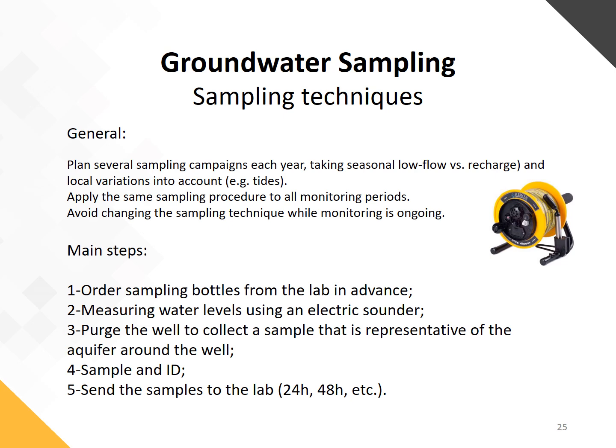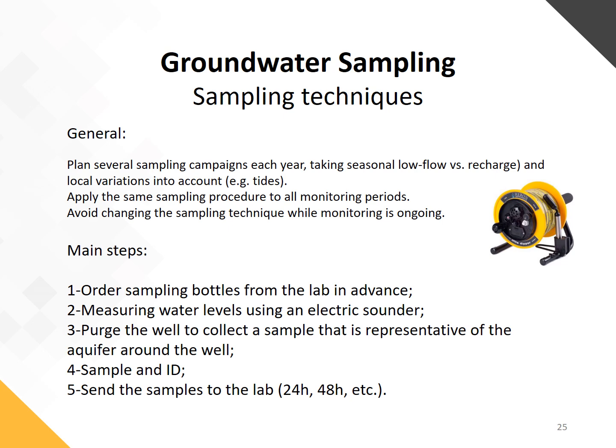And what are the main steps of groundwater sampling? As I was saying, there are many different ways, but this is just the general idea. First, before you go to the site, of course, you order the sampling bottles from the lab. When you get to the site, first you measure the water level, using an electric sounder. As you see on the picture, there is the yellow electric sounder.